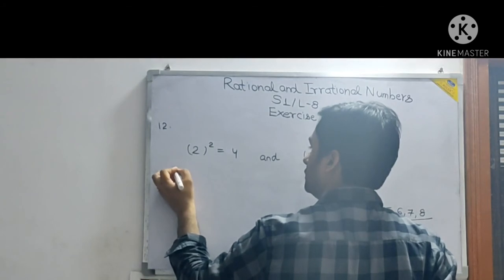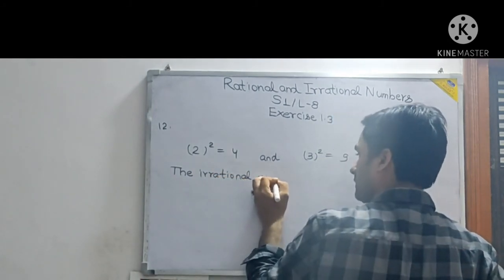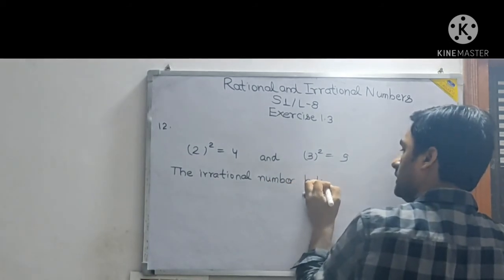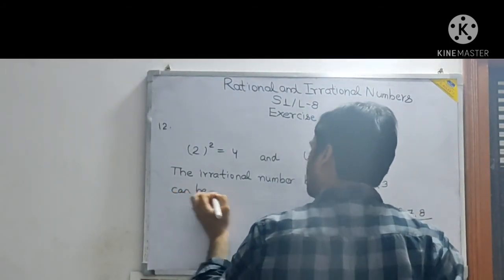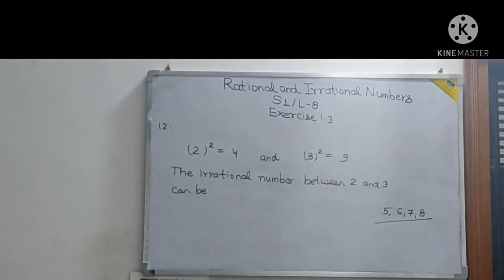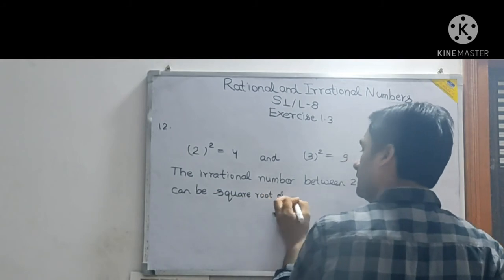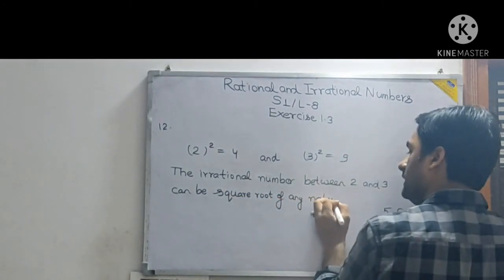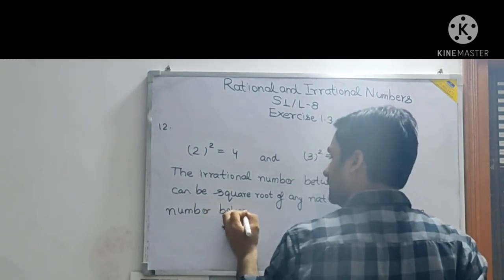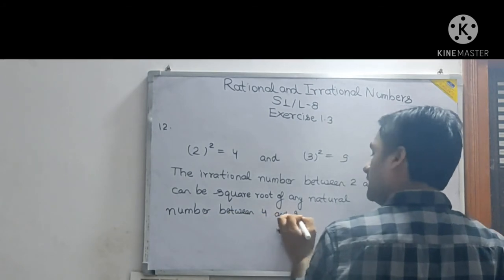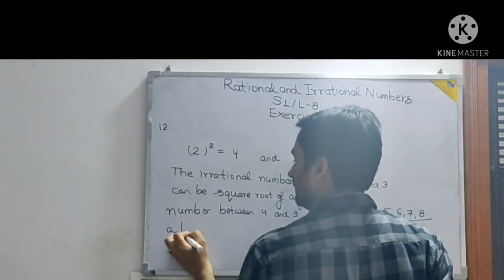Right here. So, the irrational number between 2 and 3 can be the square root of any natural number between 4 and 9 except for a perfect square.